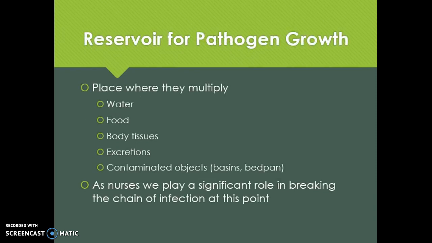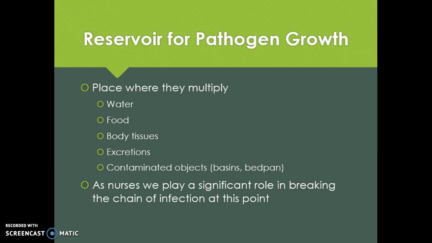You also have to have a reservoir for the pathogen to grow. So when I think of reservoir, I always think of big bodies that hold water. So when you think of a reservoir, think of something that provides everything that bacteria needs.